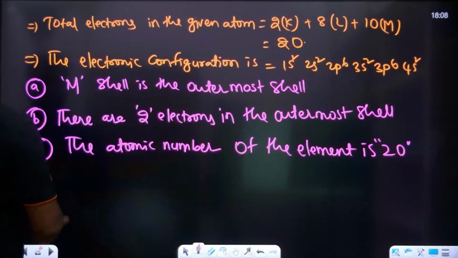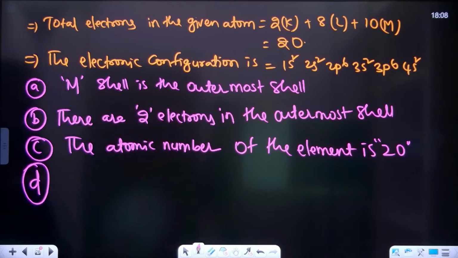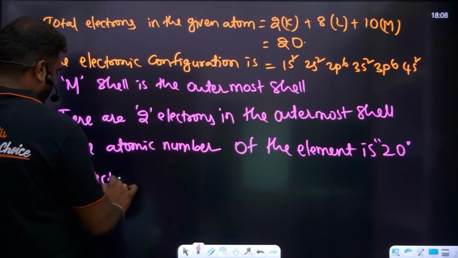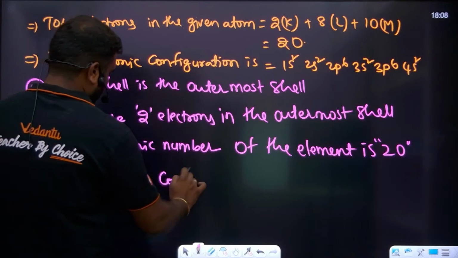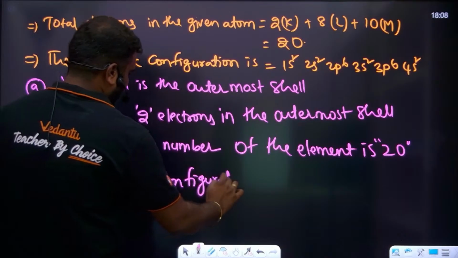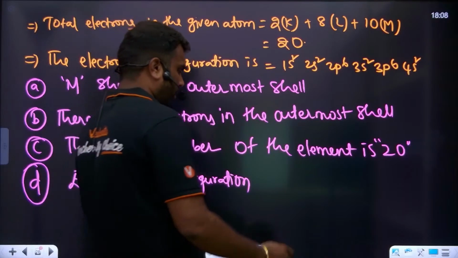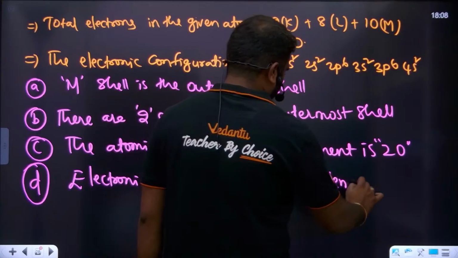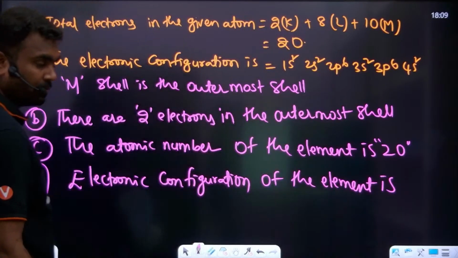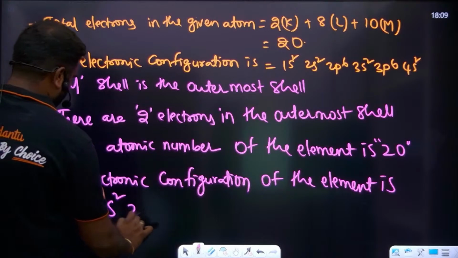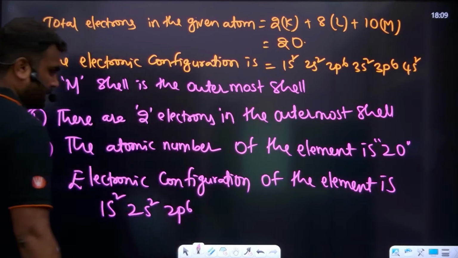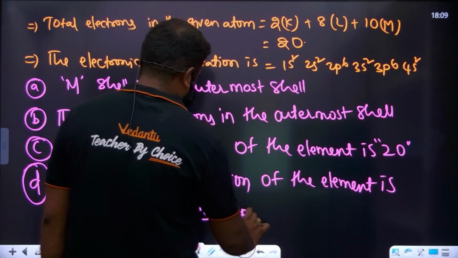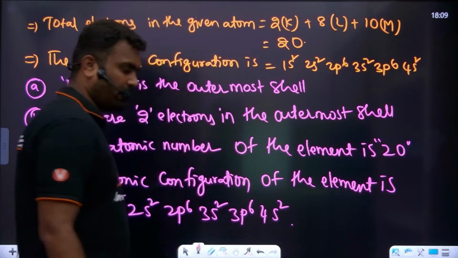The electronic configuration of the element is 1s2 2s2 2p6 3s2 3p6 4s2. So this is the answer for the question.